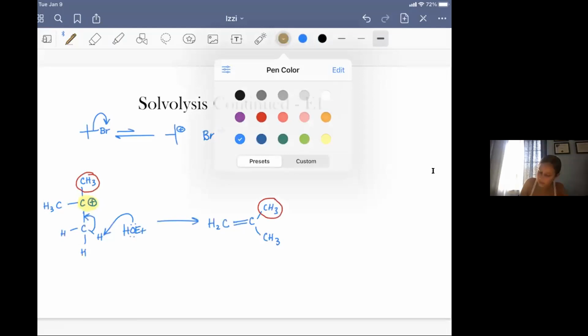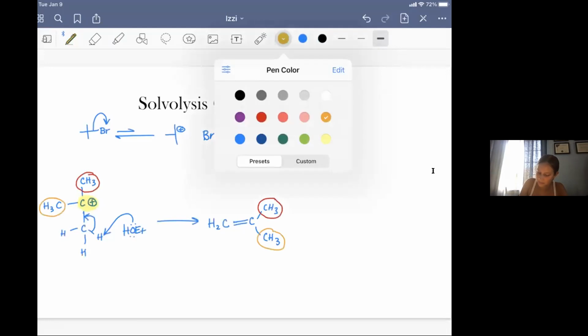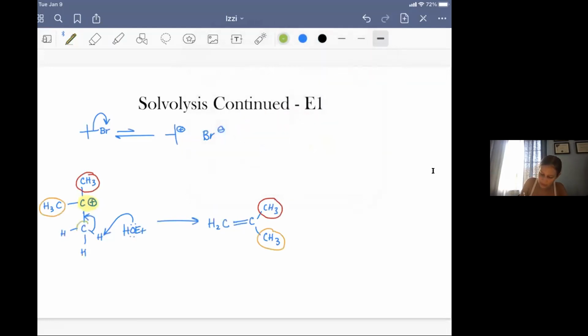Then this one remains here. And where we got the double bond from, that's from this carbon right here. So now it's left as a CH2 because of the double bond. And again, the solvent reacts with the beta hydrogen to form the alkene.